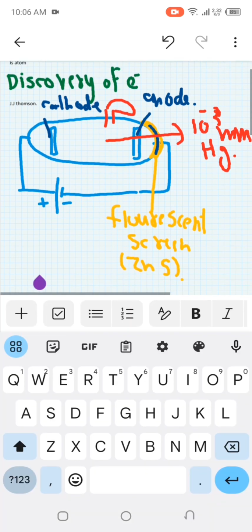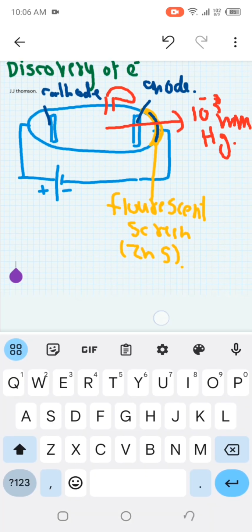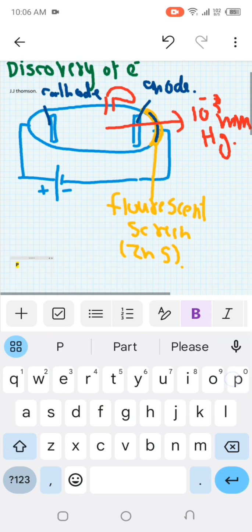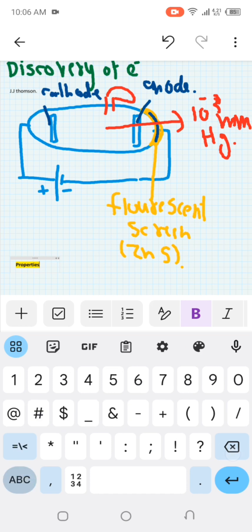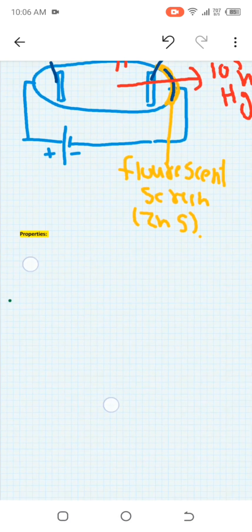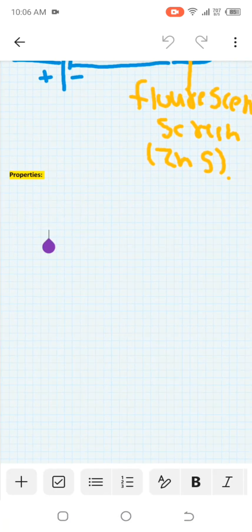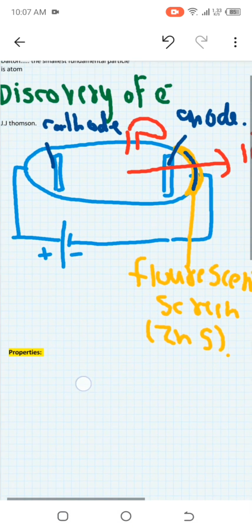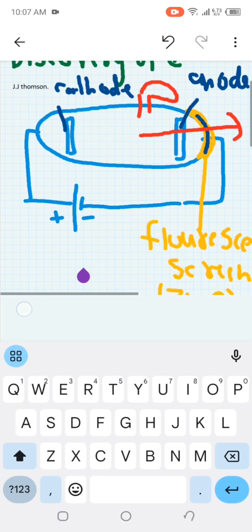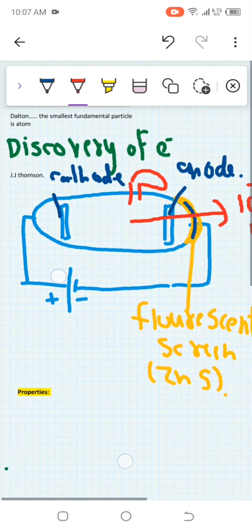Let me write here. What properties did he identify? First of all, he told us that there is a negative charge. Let me tell you this again a little.